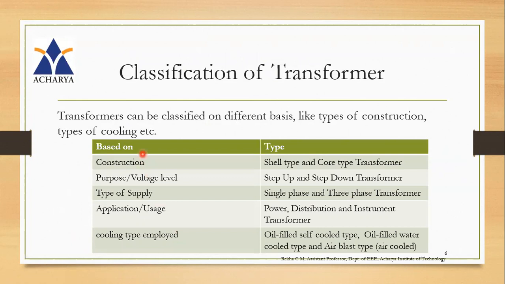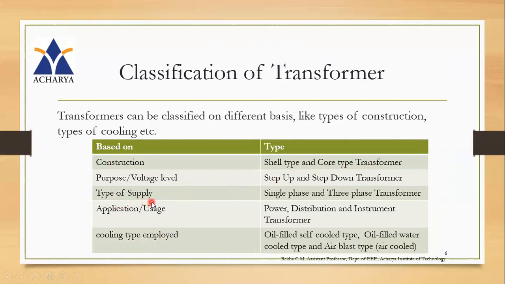Next, we'll go for the classification of the transformer. Transformers are classified on different bases like type of construction, purpose or voltage level, type of supply, application or usage, and cooling type employed. Depending on construction, they are classified as shell type and core type. Depending on voltage level, as step up and step down transformers.